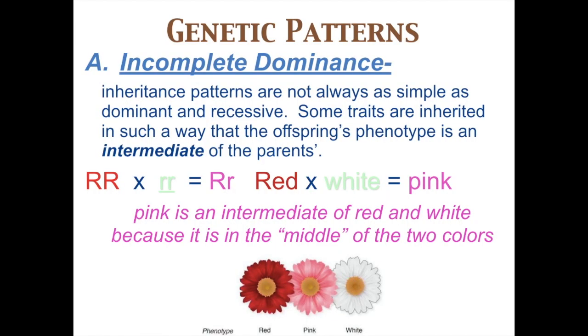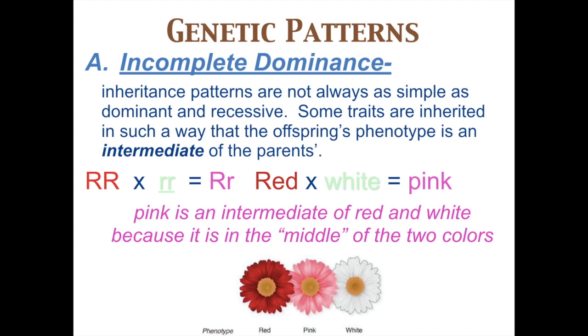Okay, let's talk about incomplete dominance and codominance. We said before that regular dominance, the homozygous dominant and the heterozygous dominant would all be dominant. We saw that in the previous slide. But here, incomplete dominance gives a mixed.